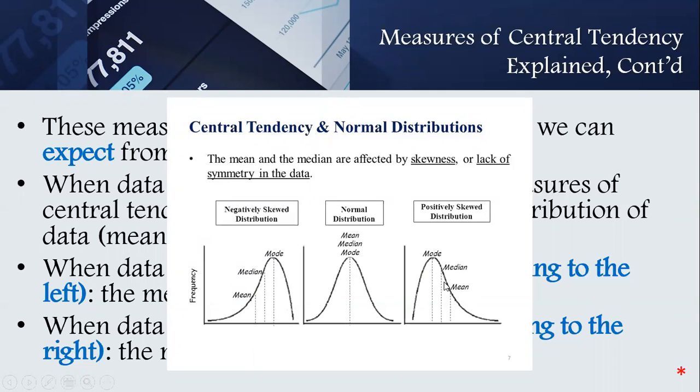On the other hand, for a positively skewed distribution, the tail is pointing to the positive side, while the cases mostly fall on the left-hand side of the distribution. Finally, when data are normally distributed, typically the mean, median, and mode are all equal. We will go into greater detail about this in Chapter 4.